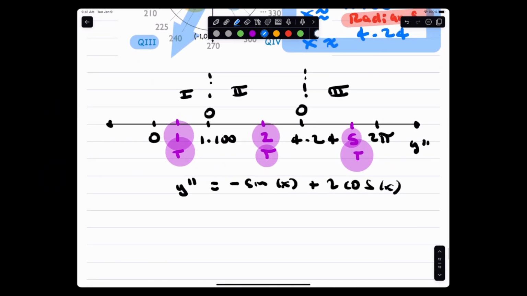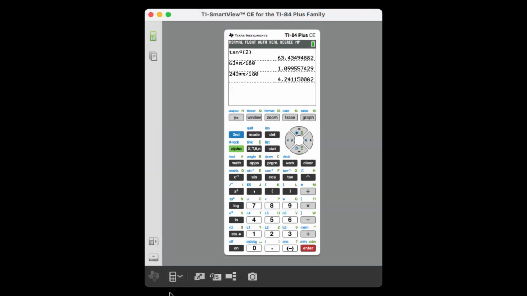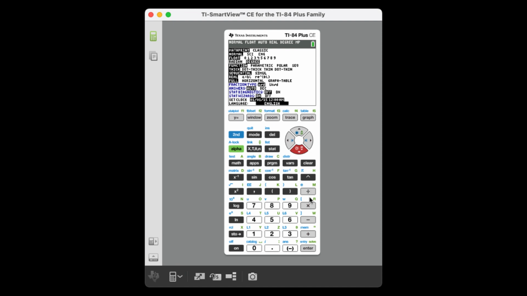Anyway, when you go to your calculator, be sure to change the mode. Go to the mode, and change it to radians. Yes, every gory detail.